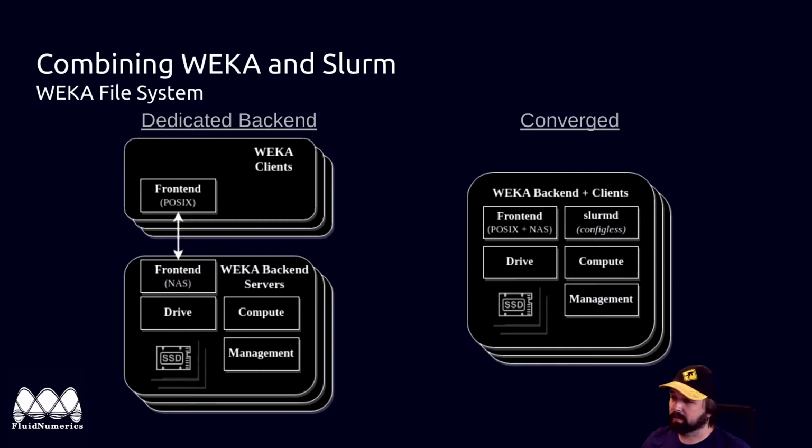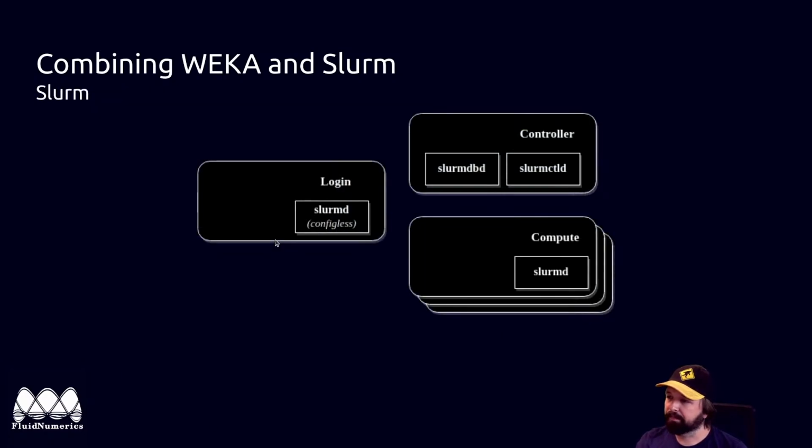So the file system is not separate from the compute nodes and controller. You can deploy them all in that converged node. I bring this up because you should know there are other architectures out there for WEKA, but the one that we use on Google Cloud and the one that we're providing in the blueprint or in the Cluster-Toolkit module is this dedicated backend infrastructure.